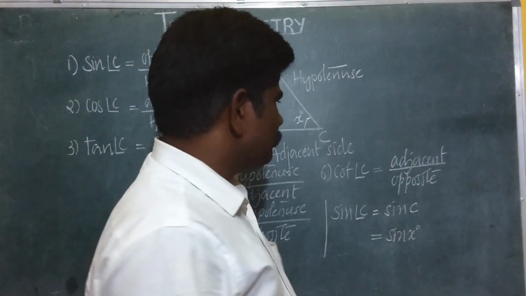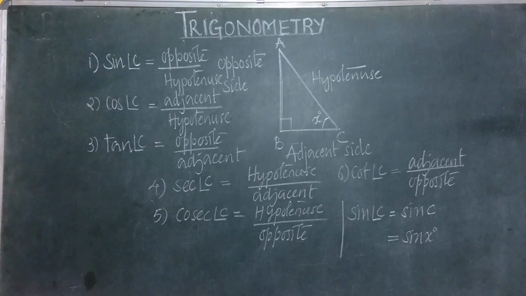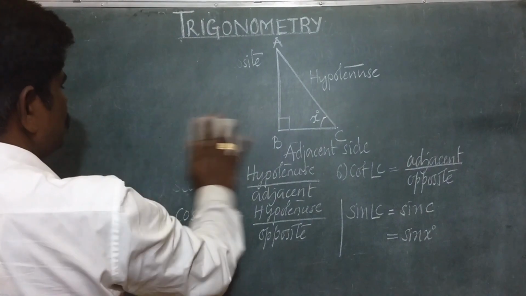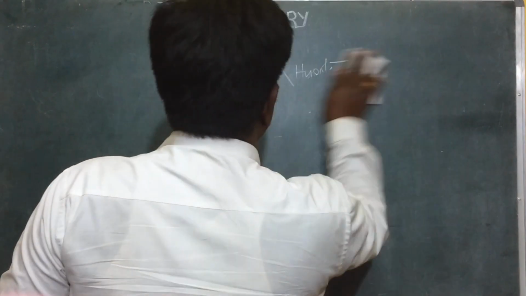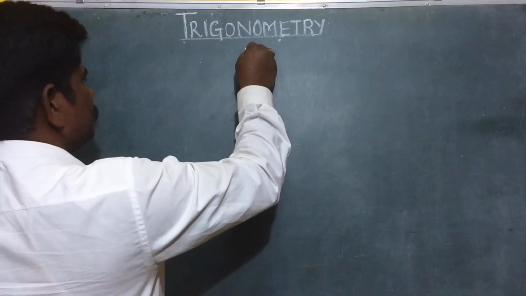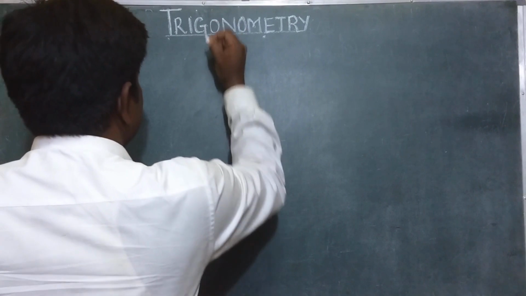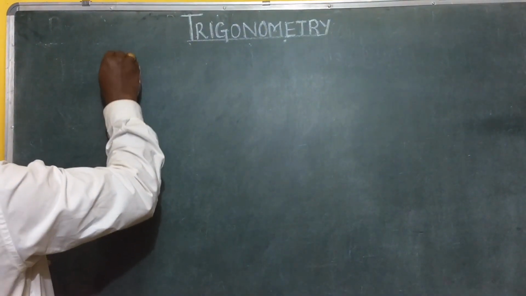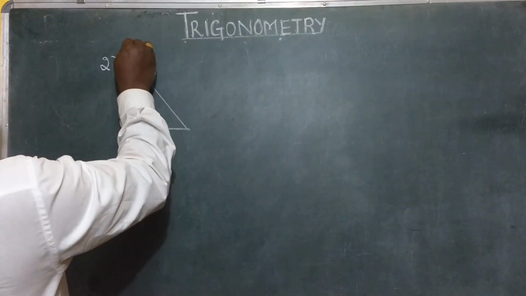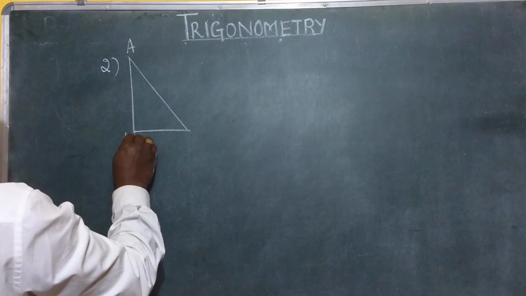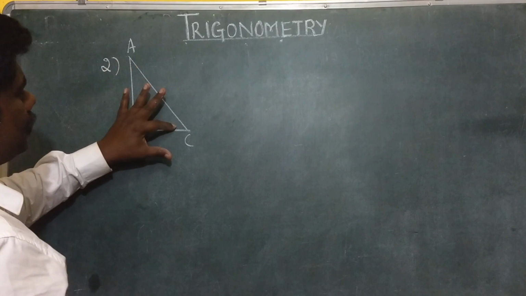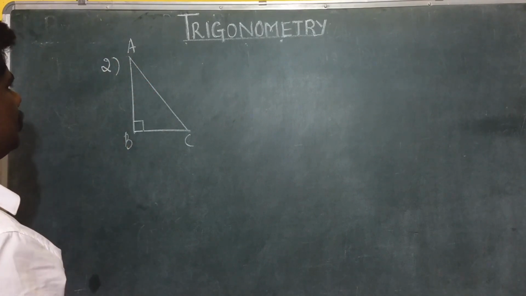Now after learning these 6 trigonometric ratios or functions, suppose I take a right angled triangle like this, A, B, C. So A and C are two acute angles and angle B is 90 degrees.